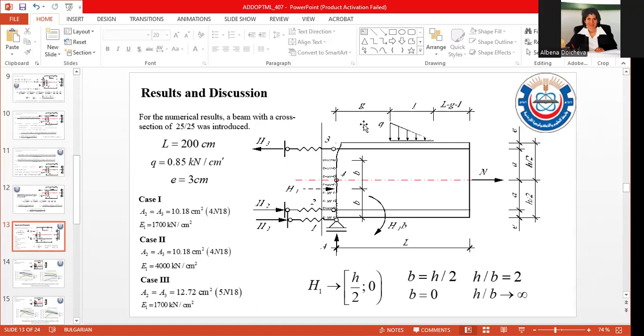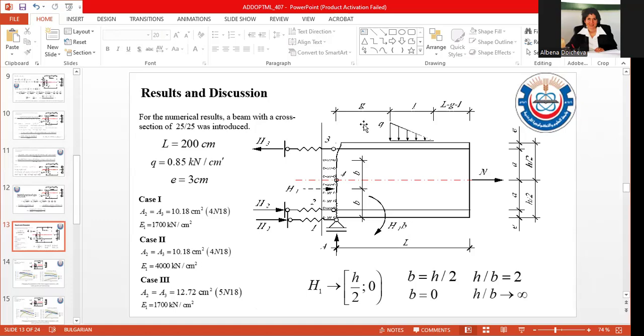We use 3 cases for a result. In the first case, we use 4 reinforcement bars for top reinforcement and 4 reinforcement bars for bottom reinforcement, and we use normal concrete.